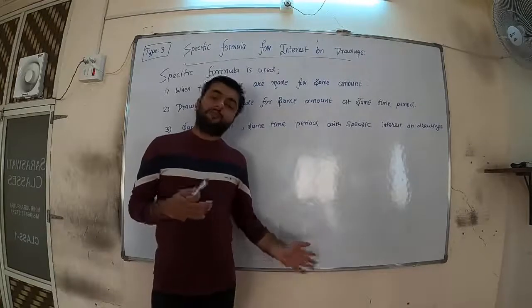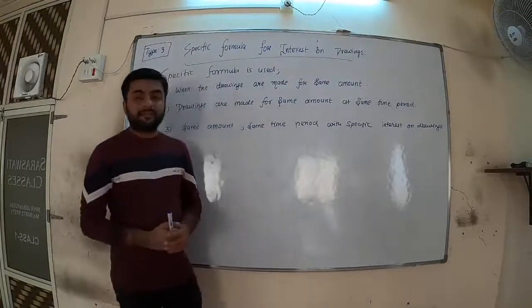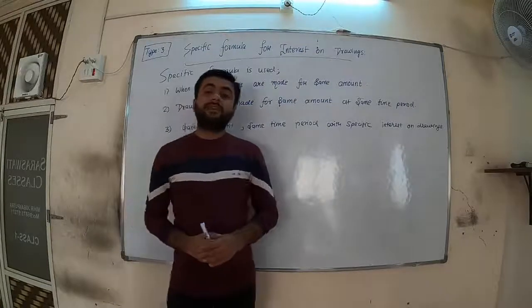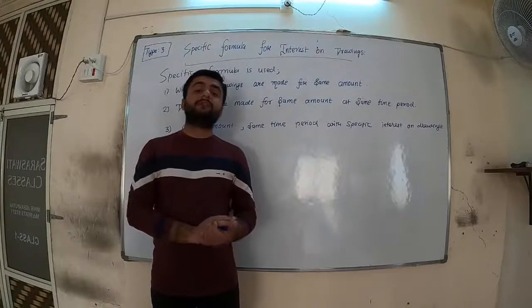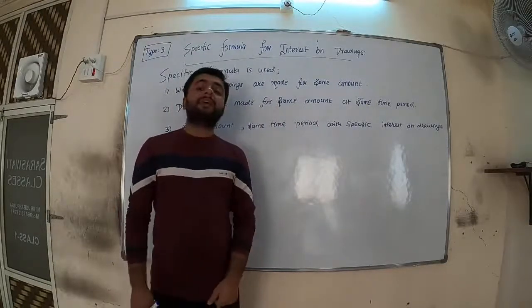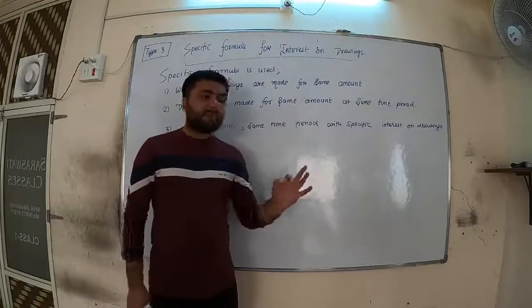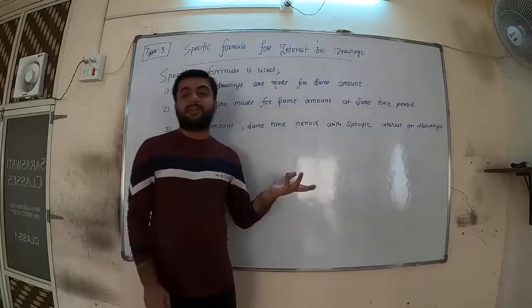If you don't know the formula, you can still calculate, but your calculation will be very lengthy, because when the partner is withdrawing throughout the year, we need to calculate interest for 6 months, 4 months, 2 months. That will take time. If he has made the drawings for same amount and same time period, then the specific formula can be used.